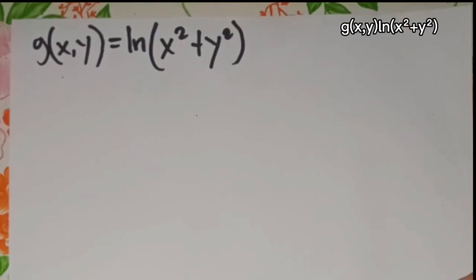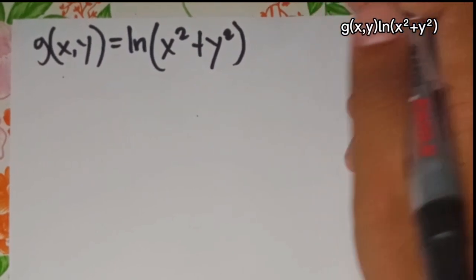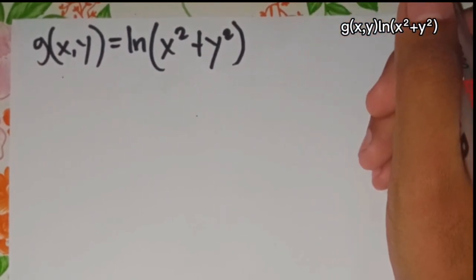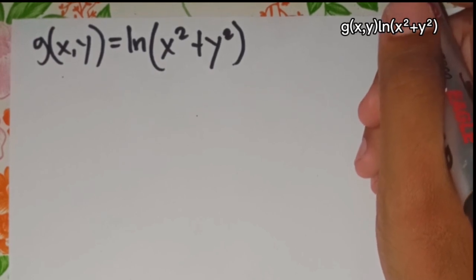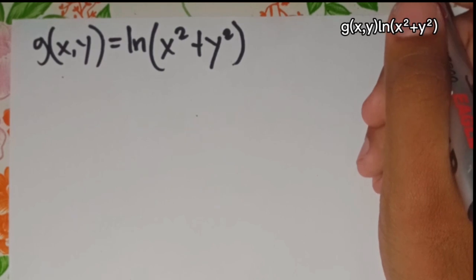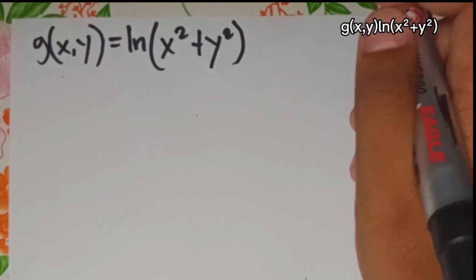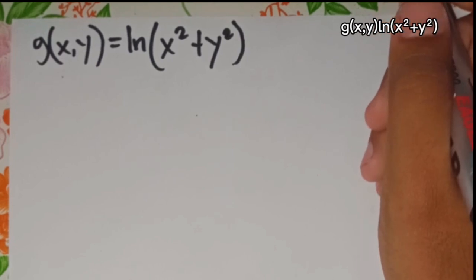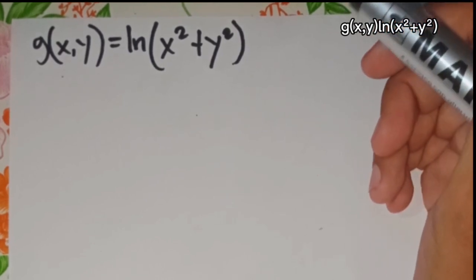Let's try another example involving the natural logarithm function. Let's try g of x and y equals ln of x squared plus y squared. To find the partial derivative of g with respect to x, treat y as a constant and differentiate g of x and y equals ln of x squared plus y squared with respect to x.